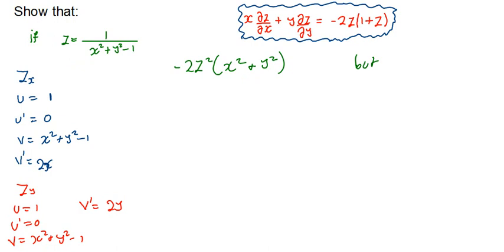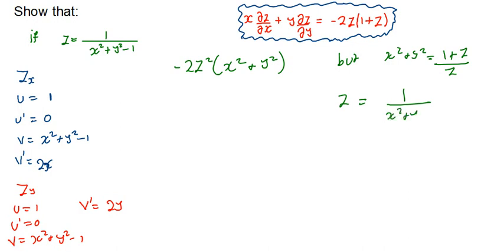It's not a guarantee that it's going to work out, but there's no harm in trying anyway. I'll show it the way it is: x squared plus y squared is equal to 1 plus z divided by z. So you had z equal to 1 over x squared plus y squared minus 1.